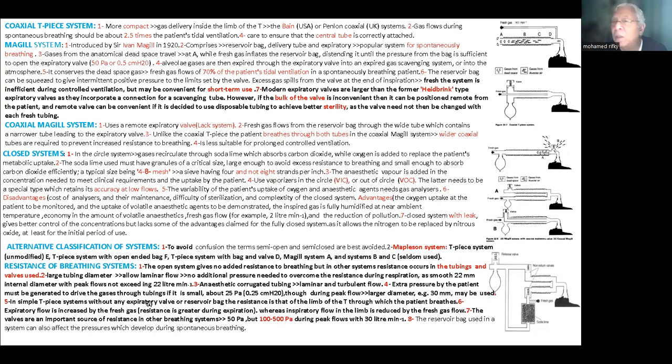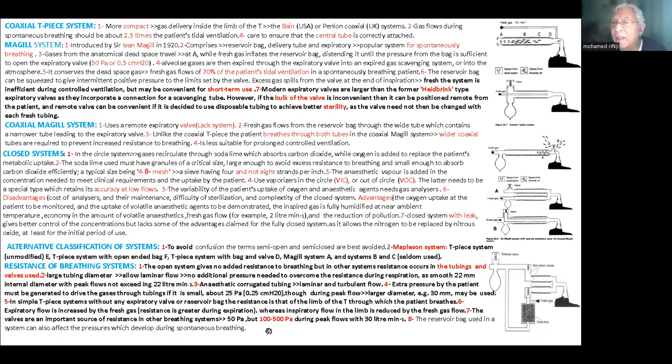As we know, the 22 millimeter tubing is important. Sometimes we use 30 millimeter to minimize the resistance. Whenever the patient is spontaneously breathing in such a system, he may be uncomfortable, so we use larger systems, as we said, 30.